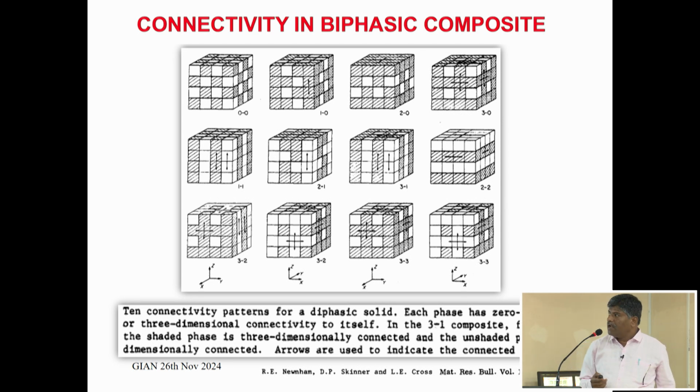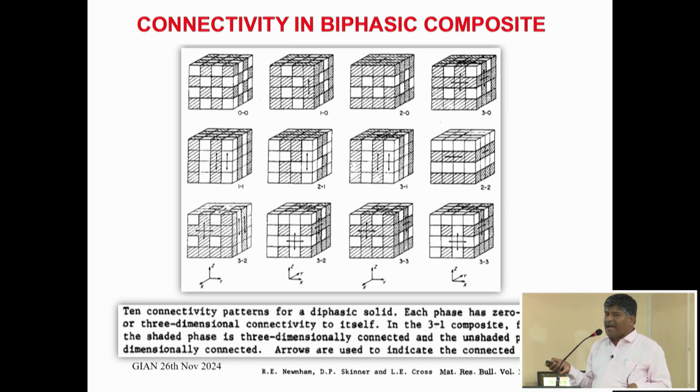This is one of the pictures published in the literature to help you understand the connectivity aspect. Here you can see the different cubes, the blank and the lined cubes. None of the blank cubes is directly connected to a lined cube. Each individual cube is separate.